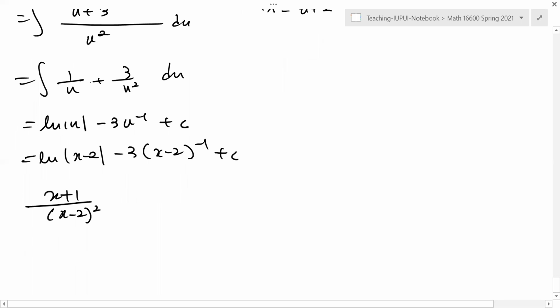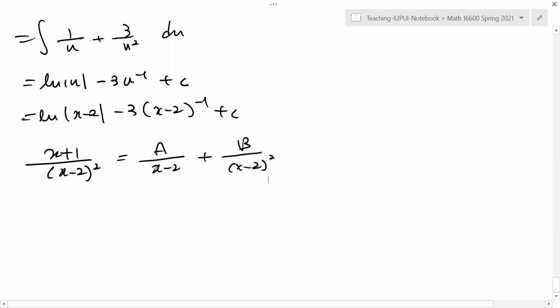First of all, the degree of the numerator is smaller than the degree of the denominator, so you don't need to simplify the function with long division. But since it's x minus 2 squared, the book suggests you get this type of form, so you can determine the constants A and B.